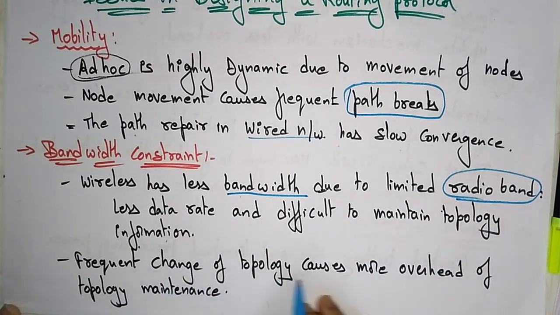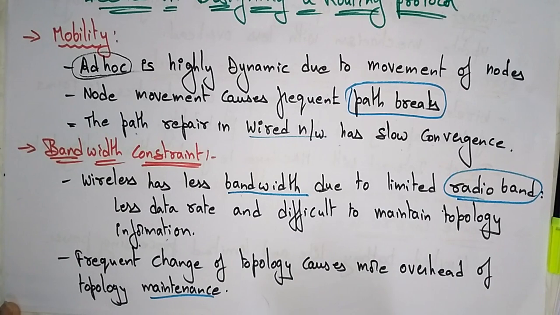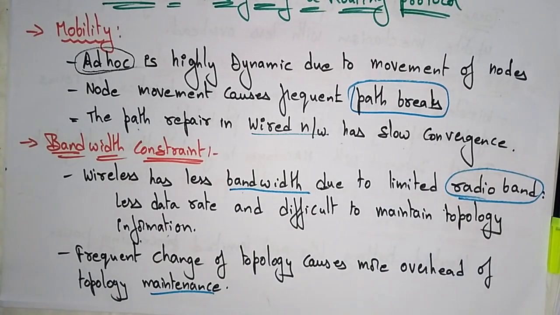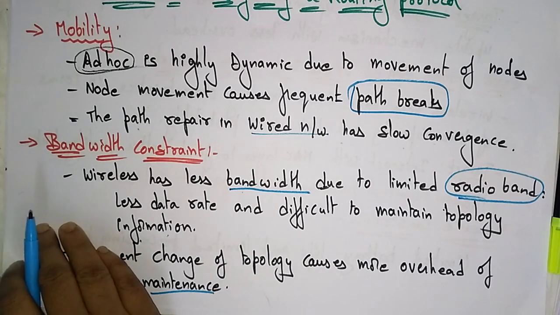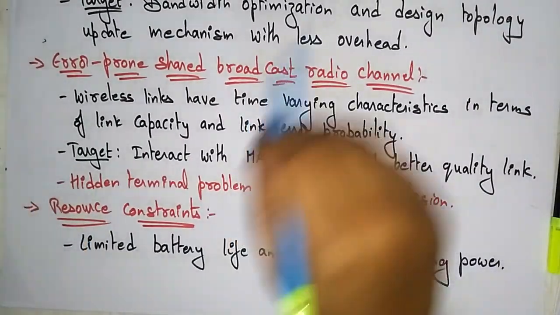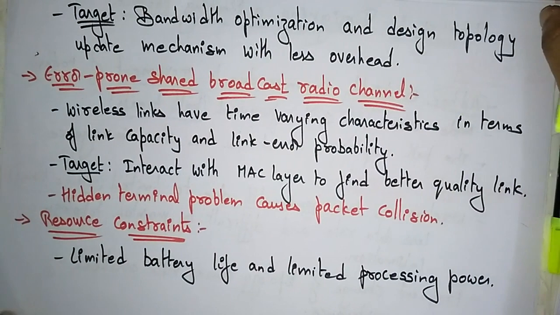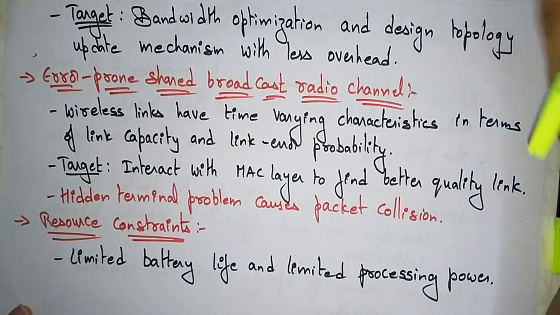And the frequent change of topologies causes more overhead of topology maintenance. Frequent change means frequent updates have to be made, and frequent updates mean the topology table has to be maintained correctly. All of this causes more overhead of topology maintenance. The target here is bandwidth optimization and designing a topology update mechanism with less overhead.